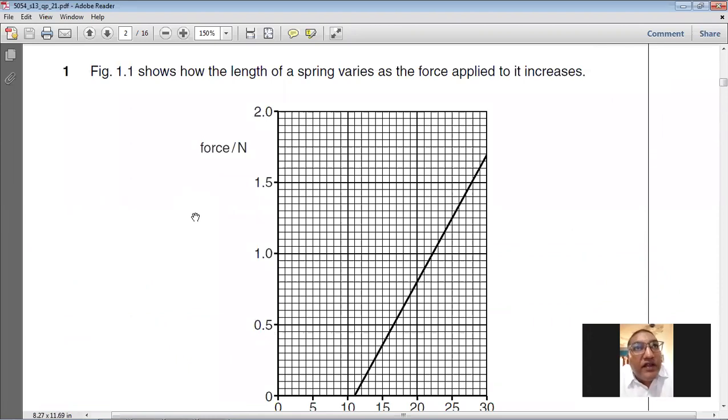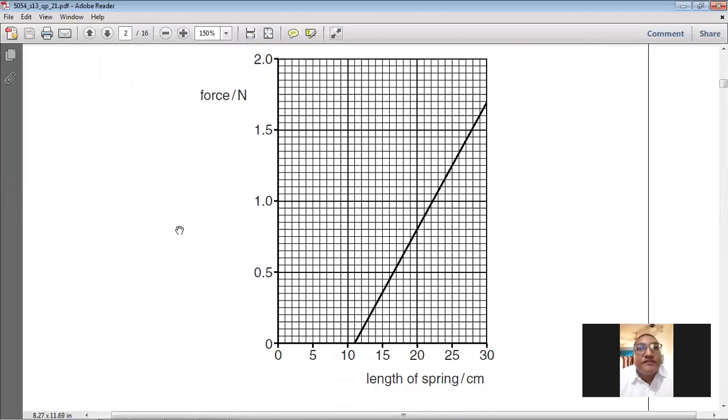In figure 1.1, the graph shows how the length of a spring varies as the force applied to it increases. The length of the spring is on the x-axis and the force applied is on the y-axis.